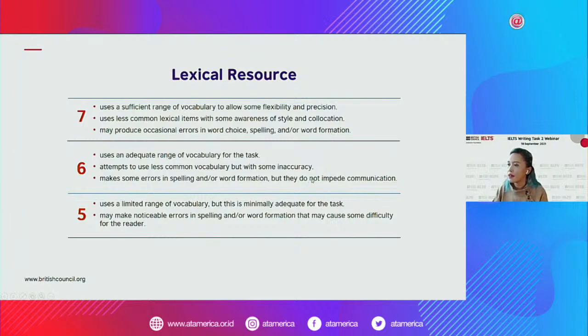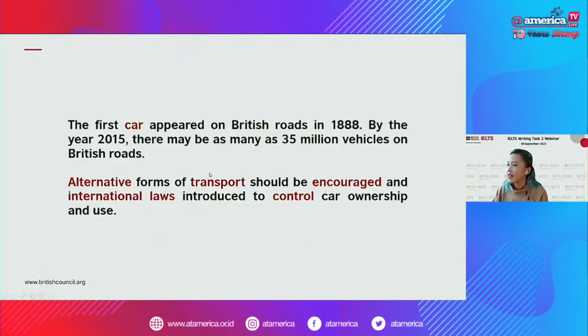If you only stick to copying the keywords from the task, a limited range of vocabulary, you only get a band 5 in this criterion. So we're going to use this one to see how you can use words with similar meanings from the keywords in this question. Let me give you some examples.